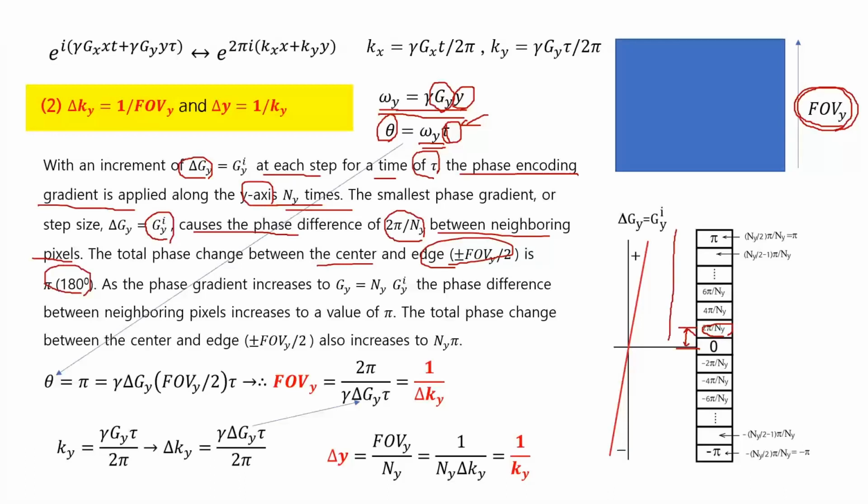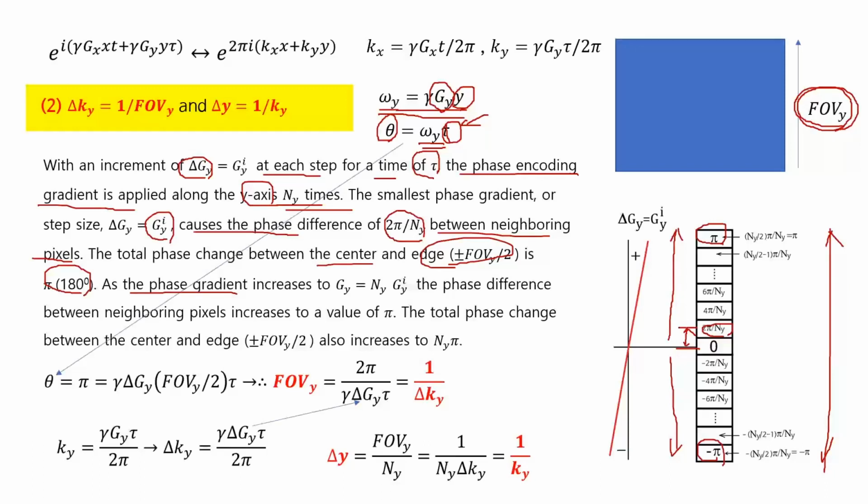From here to here, the phase change is pi, and from here to here, the phase change is minus pi. So totally, 2 pi phase difference.